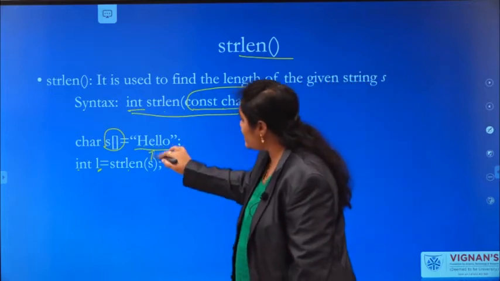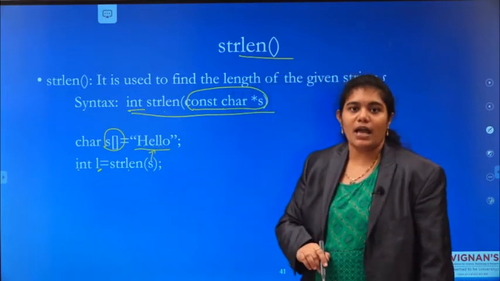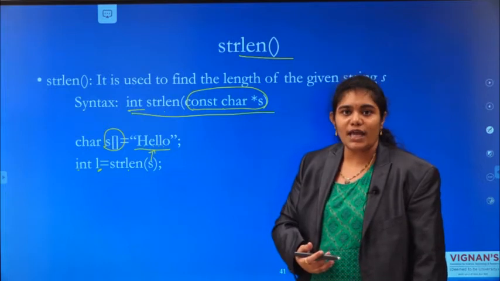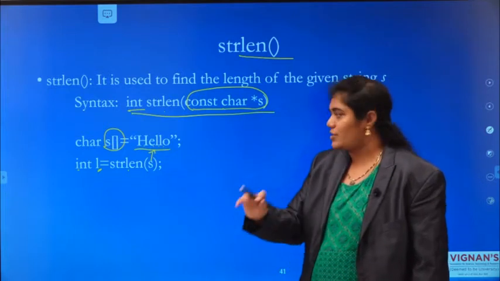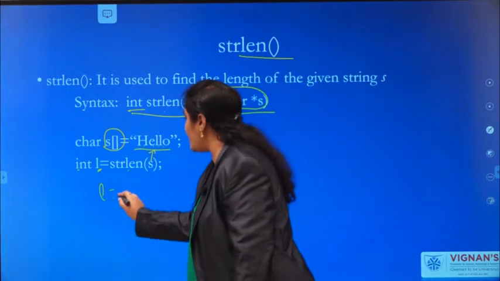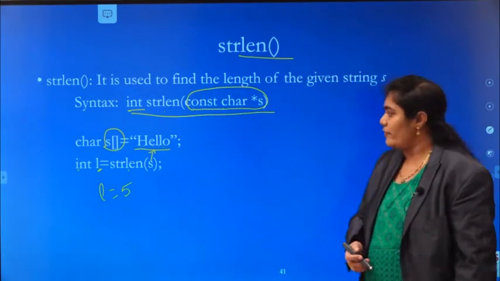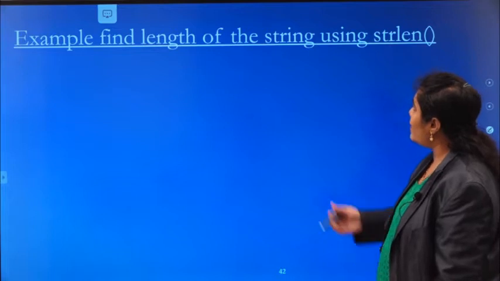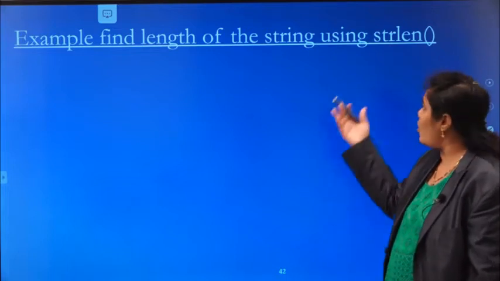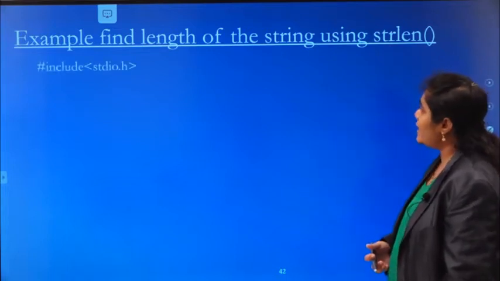What is s? s is pointing to hello. How many characters are there in hello? 5 characters. So now the value of l is equal to 5.